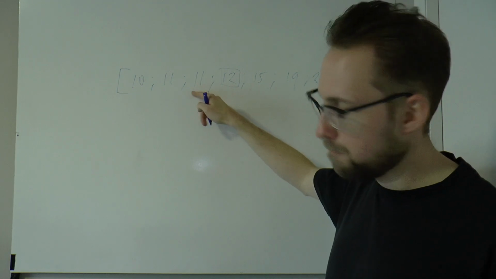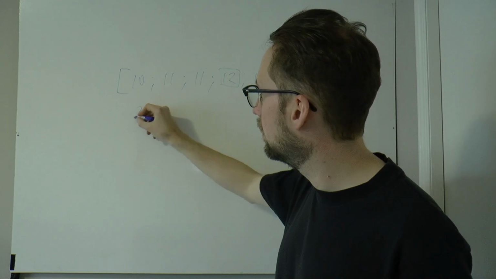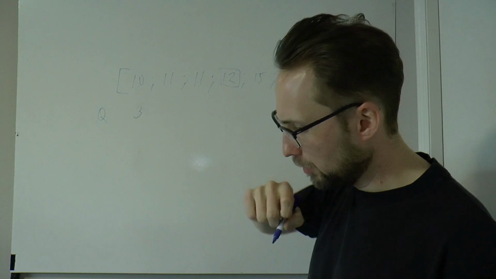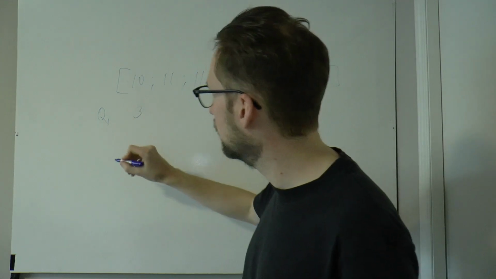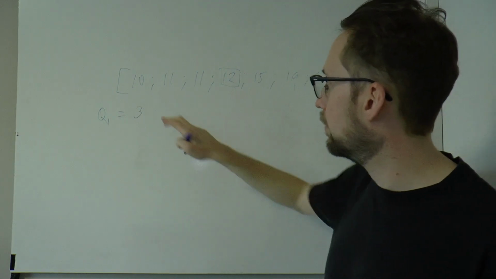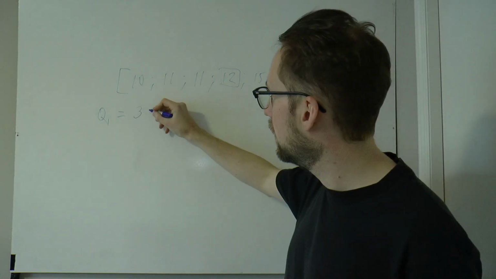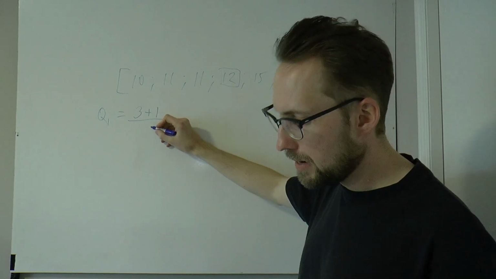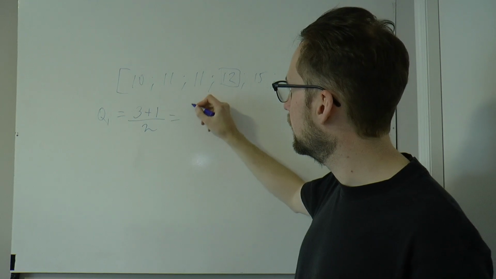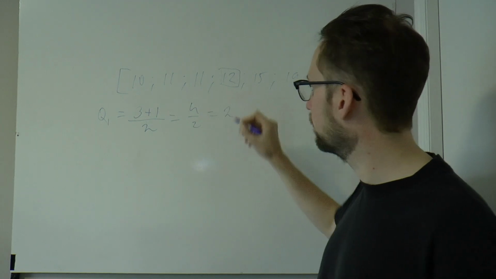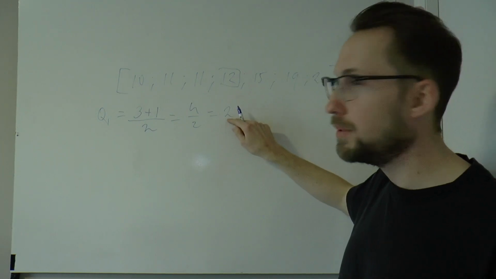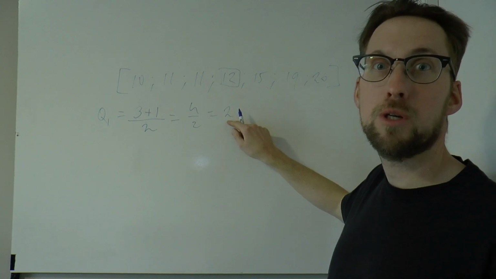I'm looking for the first quartile, Q sub 1. I have 3 observations, and to use my formula, I add 1 and I divide by 2. And this yields 4 divided by 2 is 2. And then I know that on this position is the first quartile.